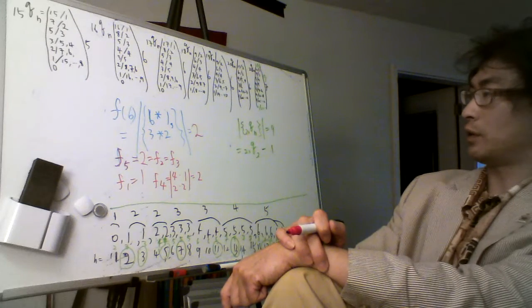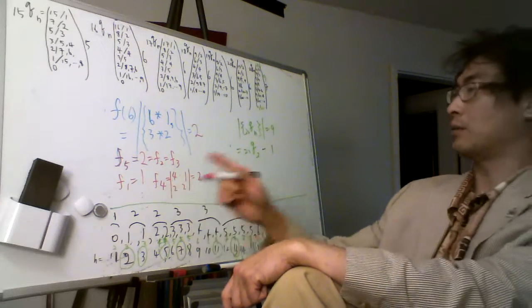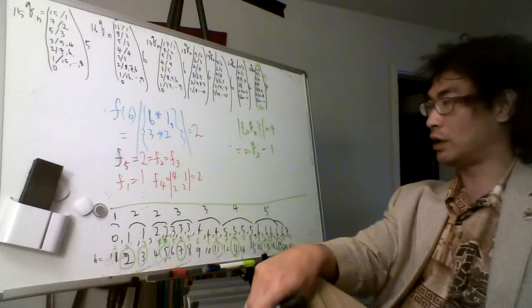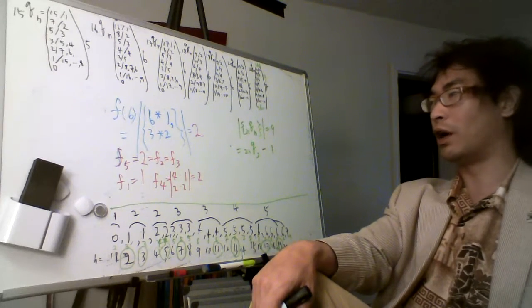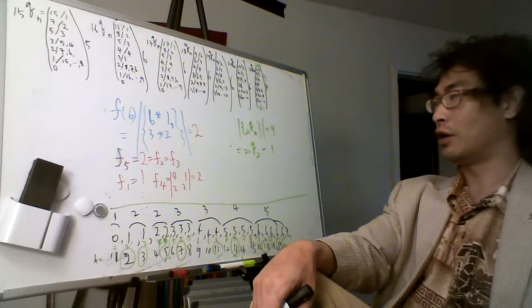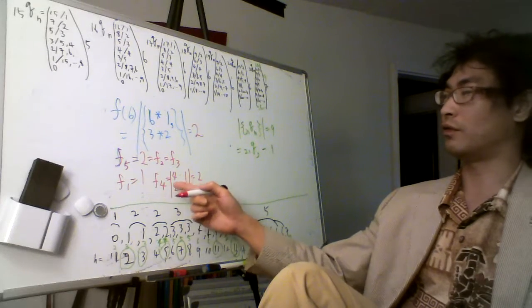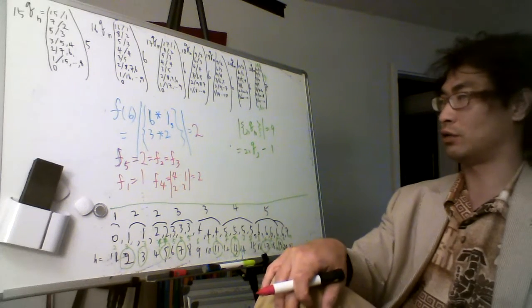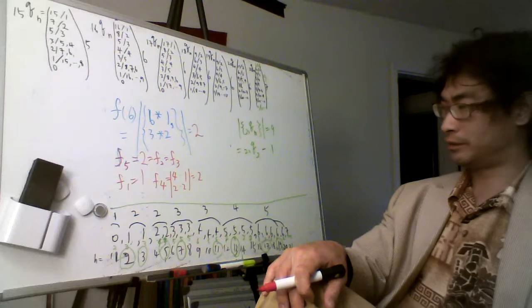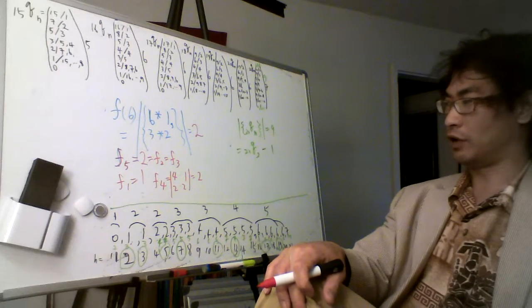But 4 is not a prime number though. So I think it's the one and only composite number whose factor number is equal to 2. Very unique number, I guess.